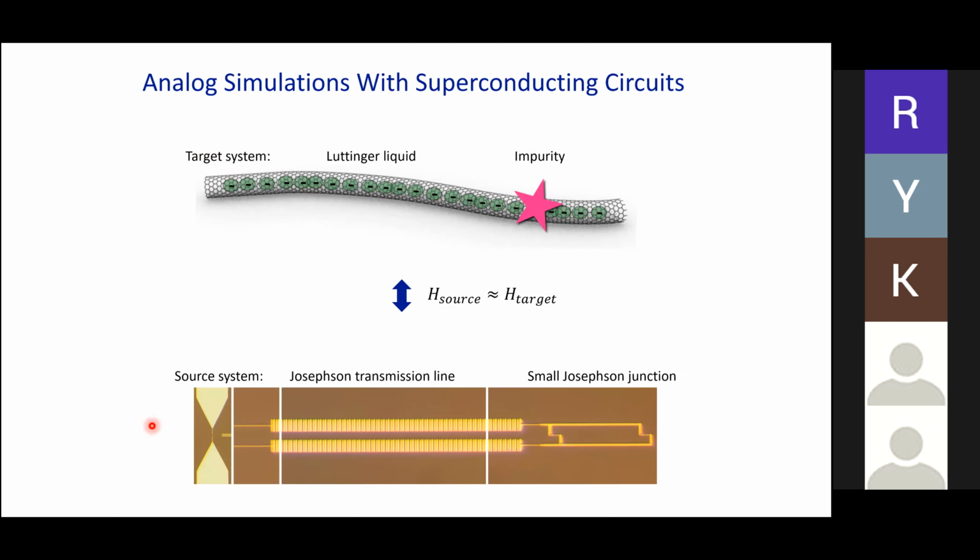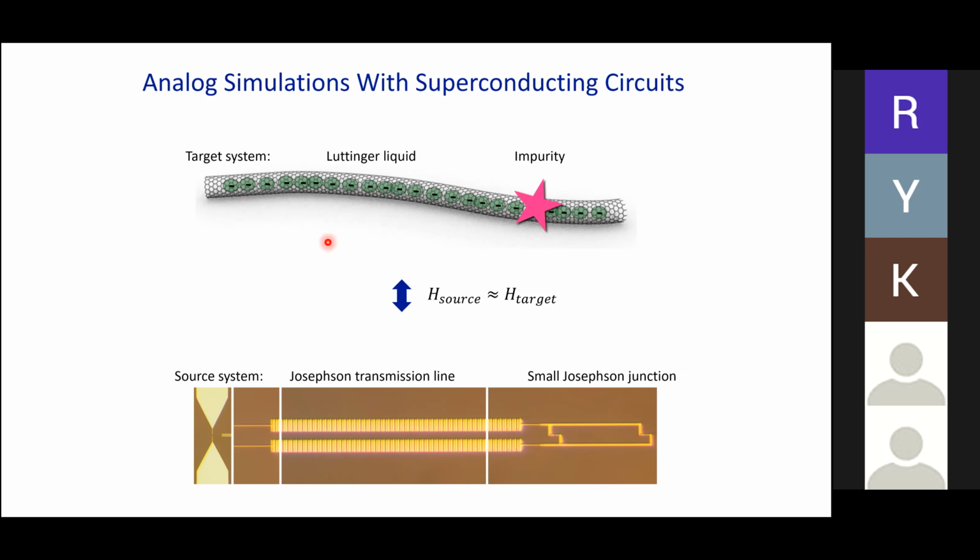Even though this system might look complicated, it has some advantages over studying a real system. For example, you might have easy control and fabrication of such a system, and it might also allow you to go into regimes which are not so easy to access in the real target system.